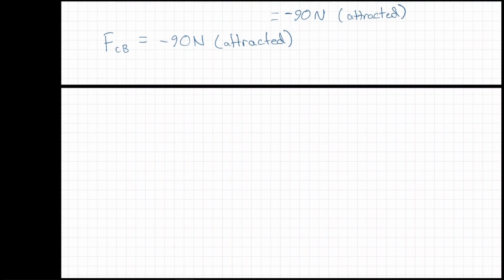This is where things get funny. The total force on C equals the addition of FCA and FCB. How do we add vectors?